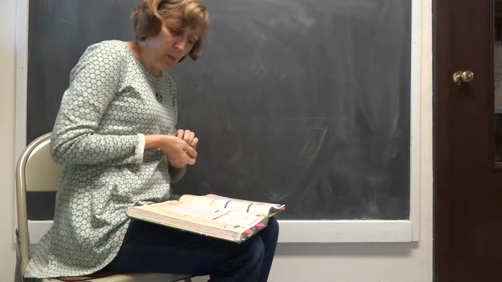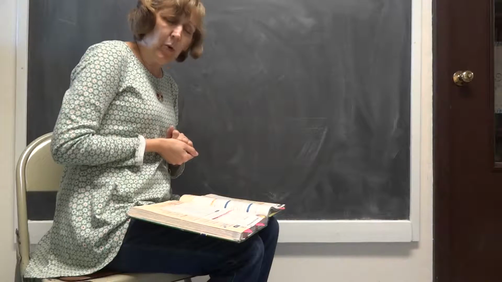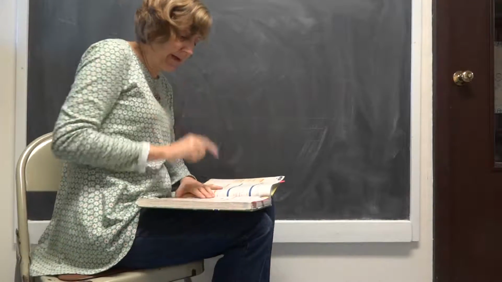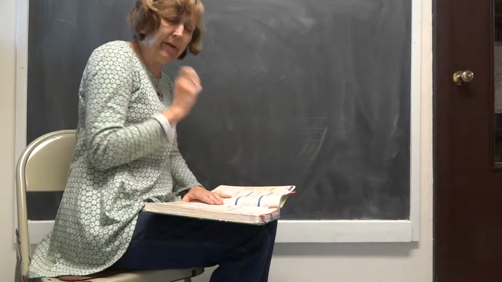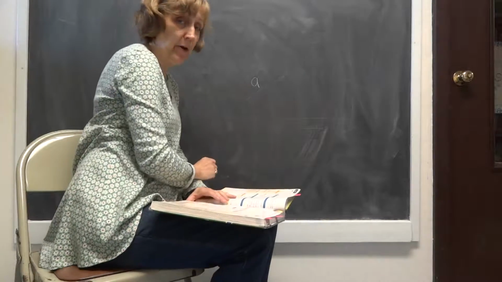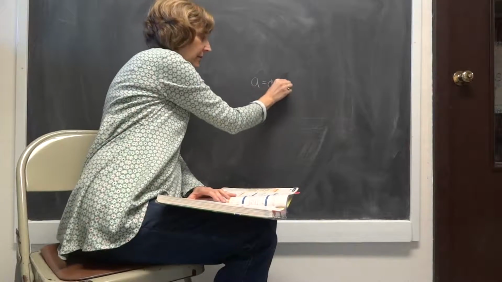So let's look at example 1. It says writing expressions with 2 operations. We're going to define our variable and write an algebraic expression. So they give you an example, 1a: 5 years more than 3 times your age. We're going to let a be our variable. That's going to mean age in years.